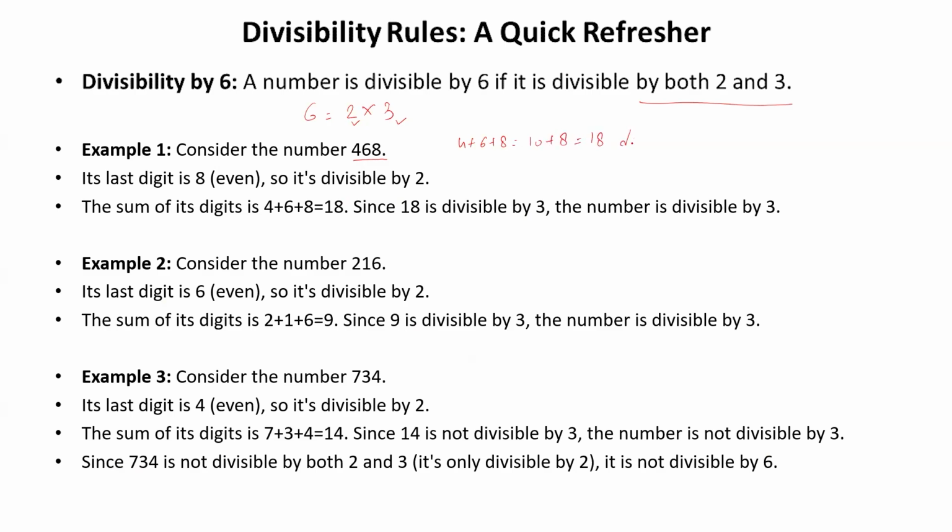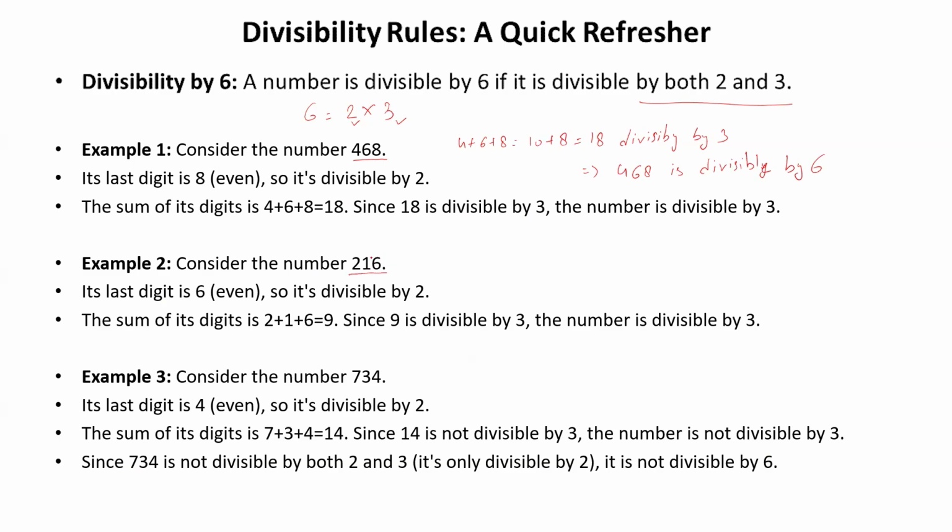Yes, it is divisible by 3. So this implies 468 is divisible by 6. So, if a number is divisible by 2 as well as 3, that means the number is divisible by 6.